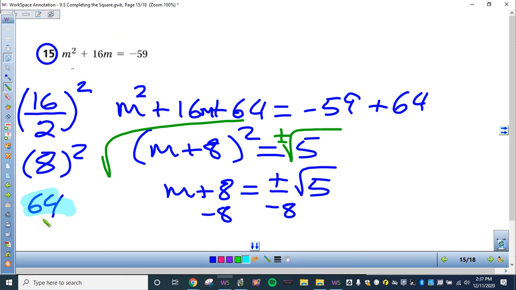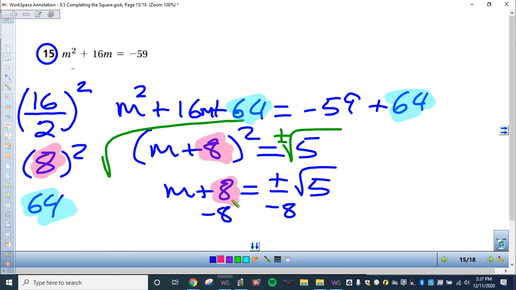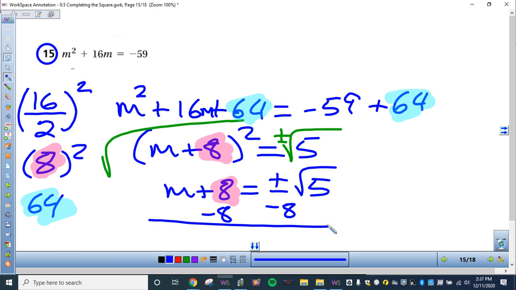So that's 64, that's where it came from, here and here. And then remember that the 8 always repeats here and here. Then just square root both sides, and the final answer I didn't write down here is m equals -8 plus or minus square root of 5.